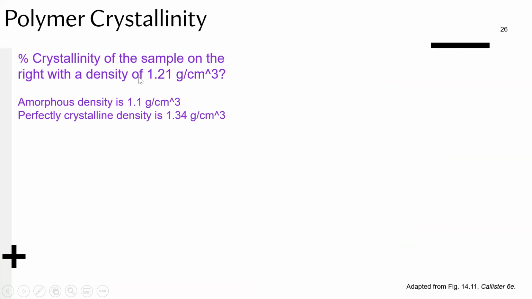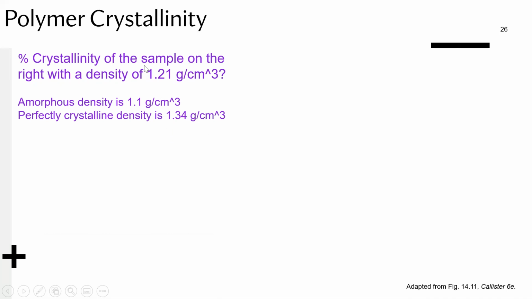And you know that the amorphous has a density of 1.1 grams per centimeter cubed. And the perfectly crystalline has 1.34 grams per centimeter cubed. Please observe that the perfectly crystalline has a lot higher density than the amorphous. And the reason again is that it's tightly packed, compacted into this organized lattice.